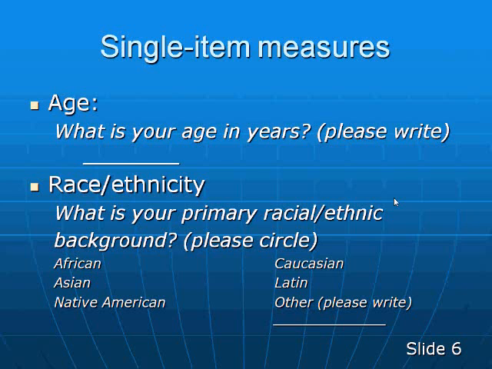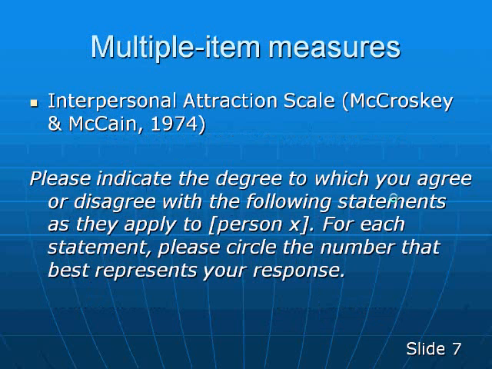So these are examples of single item measures, measures made up of only a single statement or question, and they require only a single response. Many concepts in communication, though, are so complex and so multidimensional, it's just not enough to ask one question or include one statement that the person responds to capture them.